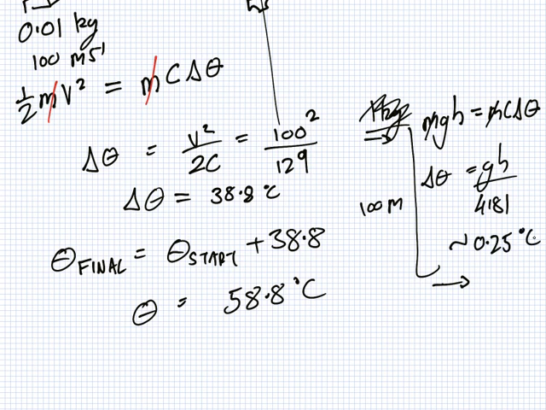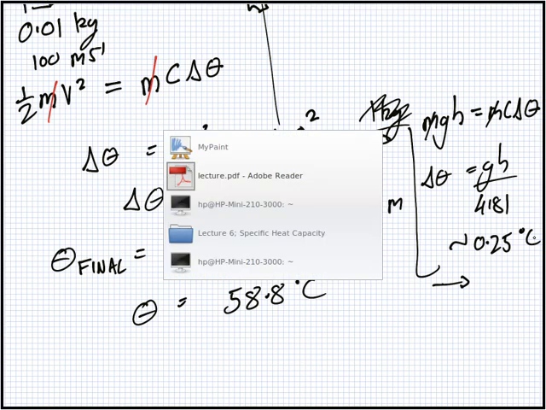It means for the waterfall, the difference in the temperature at the top and the bottom is 0.25 Celsius, which you could actually measure if you had a digital thermometer. You could actually see the difference in the two temperatures. This is the experiment that Joule did about 100 years ago.